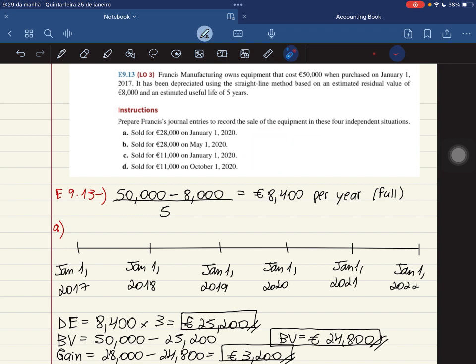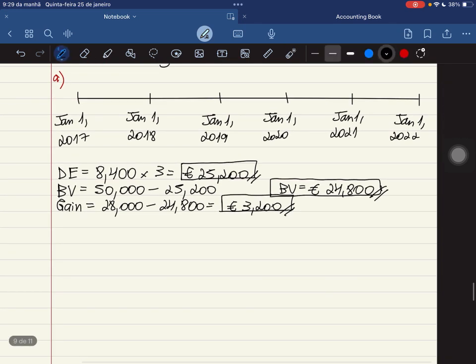One entry is to update the depreciation until that point, and the other one is to record the actual selling. Since the first one we're just dealing with January 1st, we just have to make one entry right now. So on January 1st of 2020, we can record the selling of this machine.